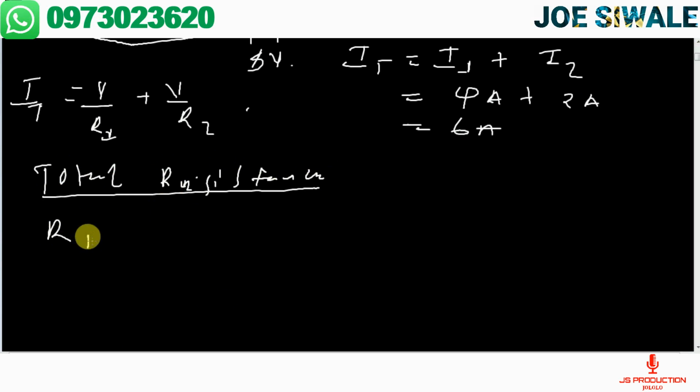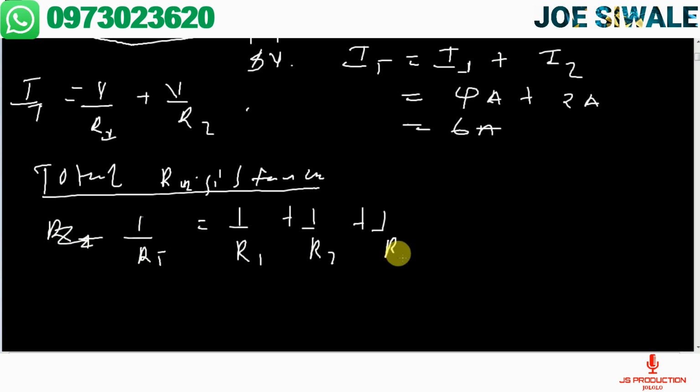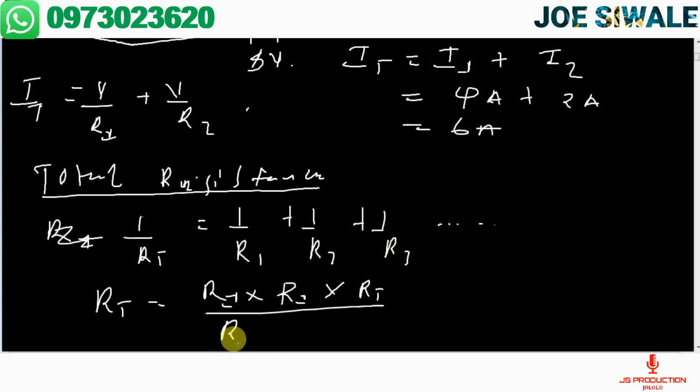I said you can use this one: 1 over RT is equal to 1 over R1 plus 1 over R2 plus 1 over R3. Or you can use this one, where you say the product of the resistors divided by their sum.